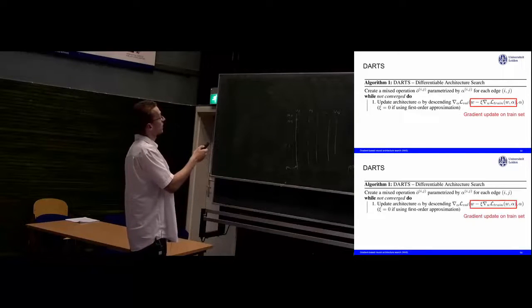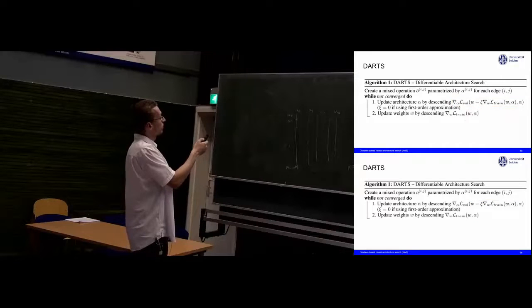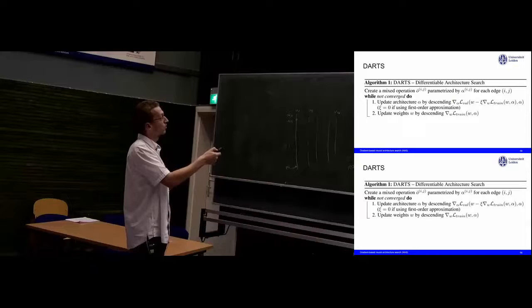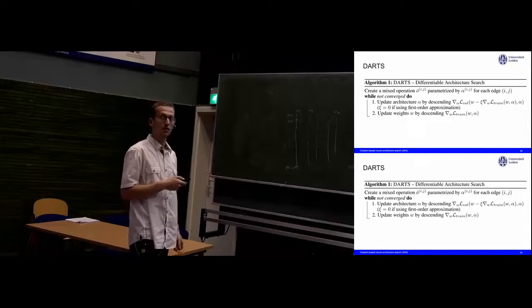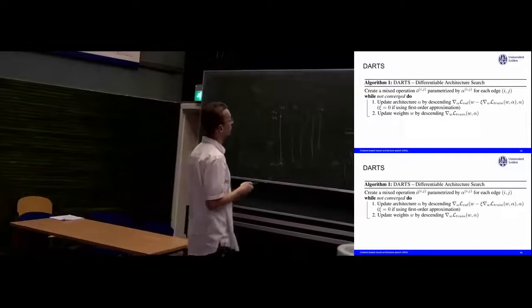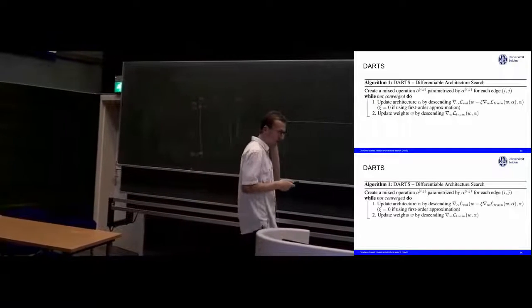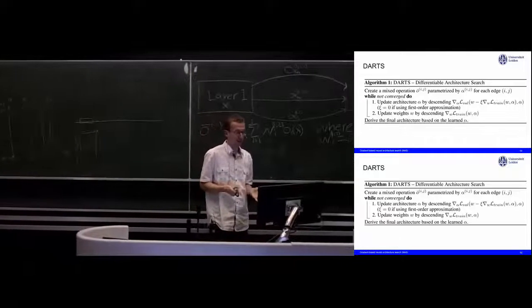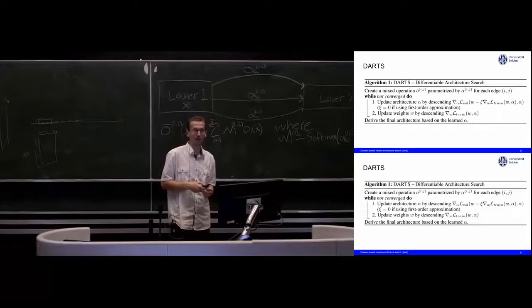So at the same time, we're also moving our weights W in the opposite direction of the gradient on the training loss. So this is relatively similar to what we have seen in MAML, although there are some slight differences. And this is basically all that we have to do in DARTS.